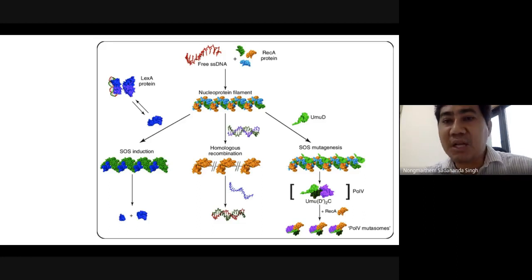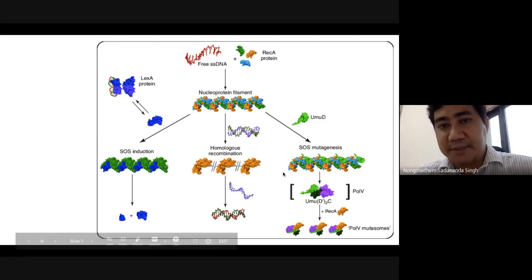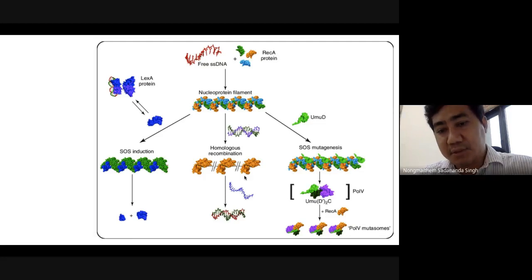So what is coming here? So far we have been talking about many things. Single-stranded DNA can also be involved in homologous recombination, or there can be ways to indicate. So here is the point.